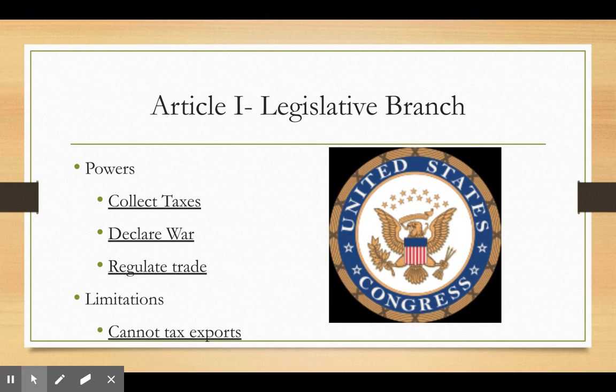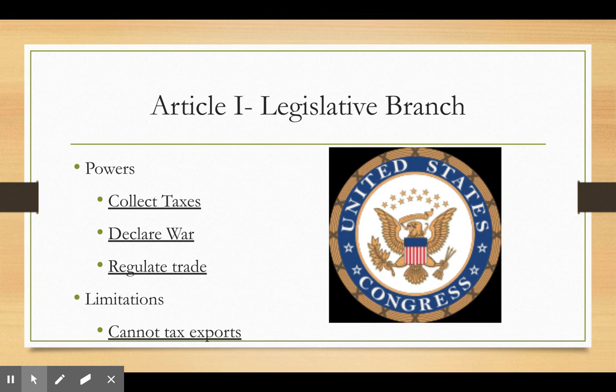As for limitations, one of the few things the delegates really agreed on was that they didn't want the national government to be able to tax exports. So if you're a business and you want to sell your goods in another country, the government should not be able to tax you for doing that. That was the wish of a lot of businessmen and farmers who wanted to sell their goods abroad to France or Britain or wherever.